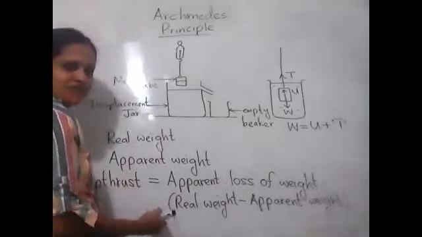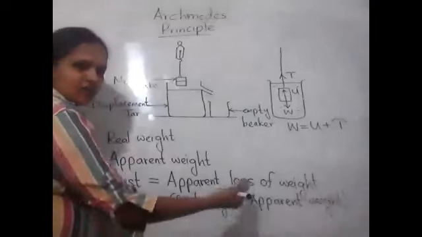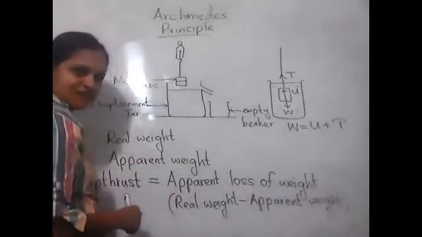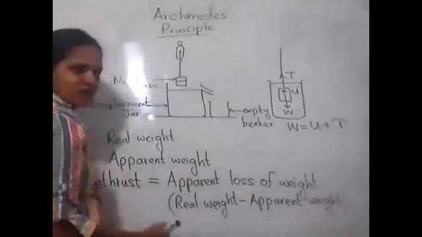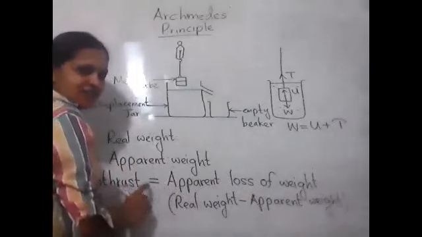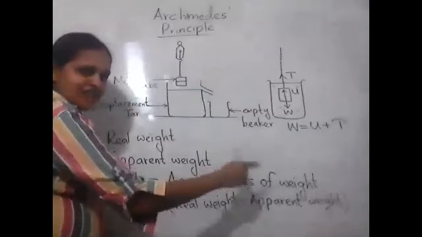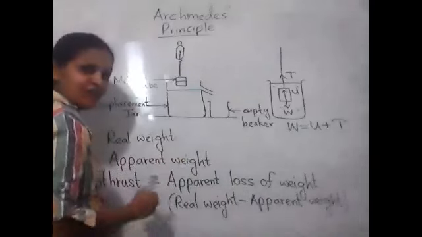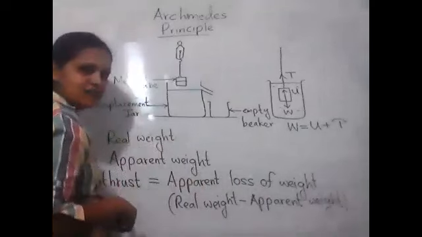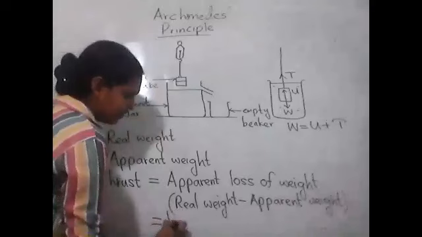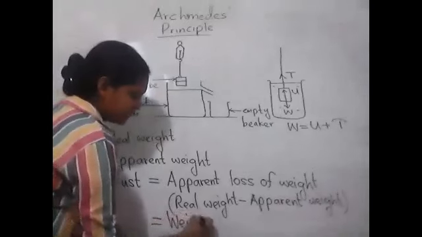So the upthrust is equal to the apparent loss of weight, real weight minus apparent weight. In Archimedes' principle, this upthrust or the apparent loss of weight is also equal to the weight of the displaced fluid.